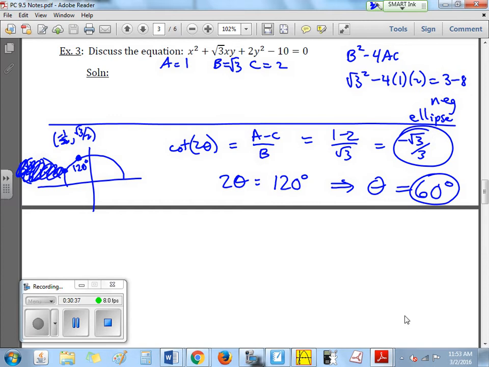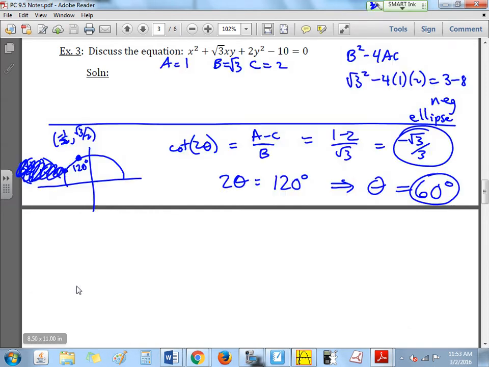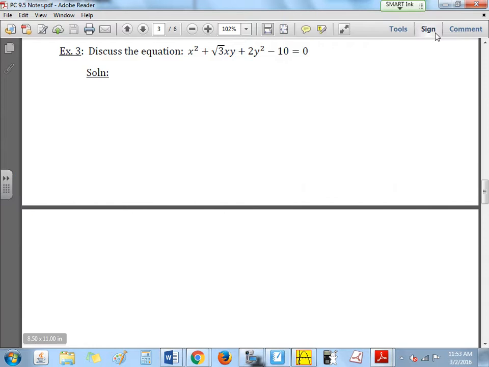All right, it's going to be a bit of work, though, because when we tilt our axes, all the coordinates change. And they change according to these rules. x will now become x prime cos 60 minus y prime sine 60.